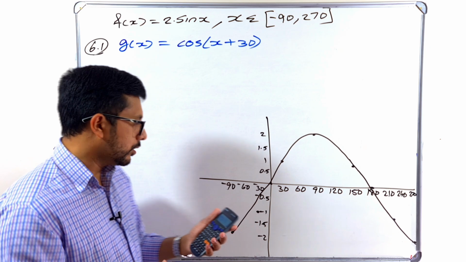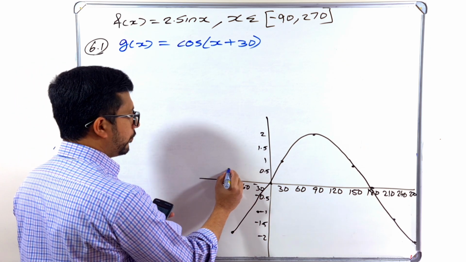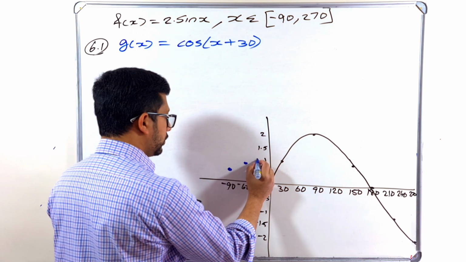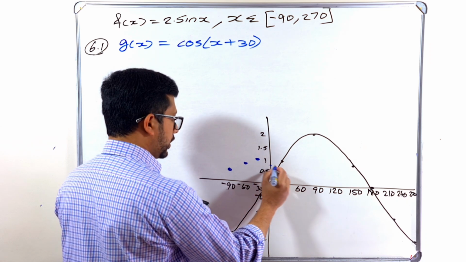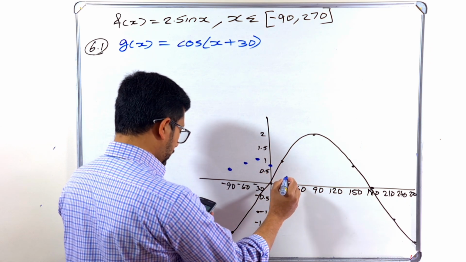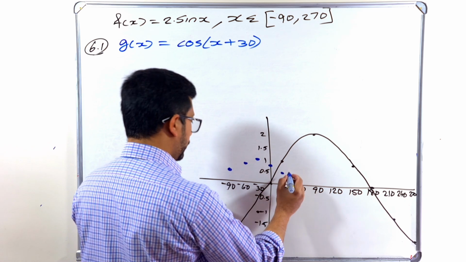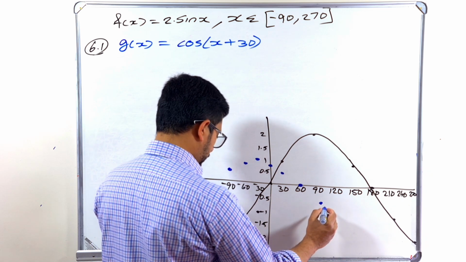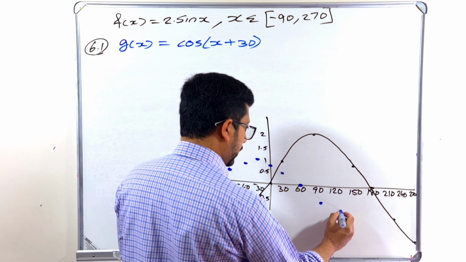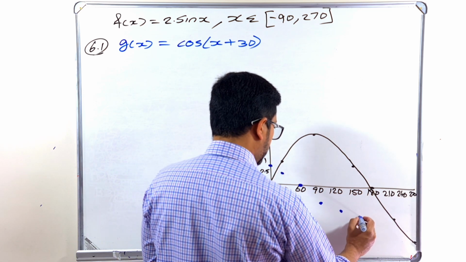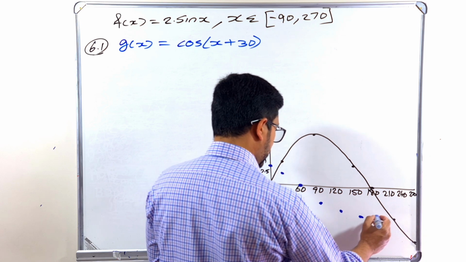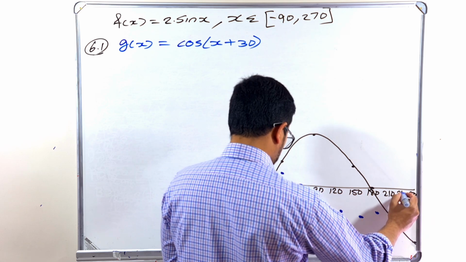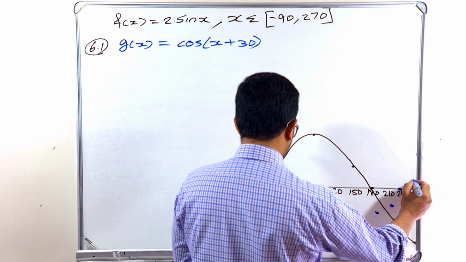So for minus 90, 0.5; minus 30, 0.86, then 1; 0, 0.86; 30, 0.5; 60, 0; then 90, minus 0.5; minus 0.86; 150, minus 1; 180, minus 0.86; 210, minus 0.5; 240, 0; 270, 0.5.